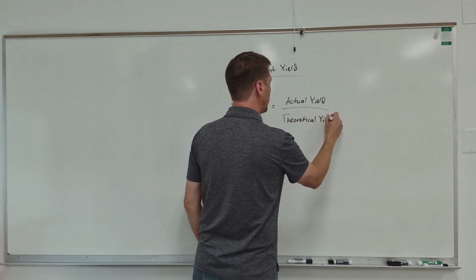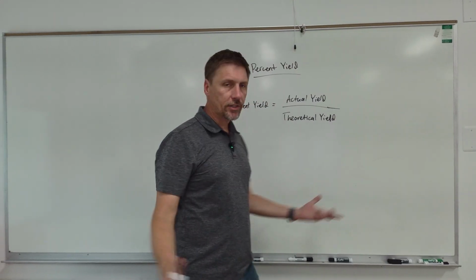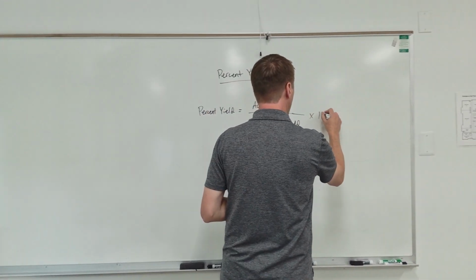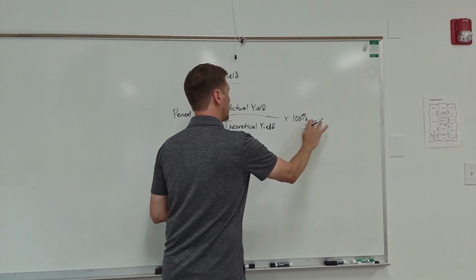And so when we do that, that's going to give us a fraction, right? A decimal, and then we're going to take that and multiply it by 100%, and that will give us our percent yield.